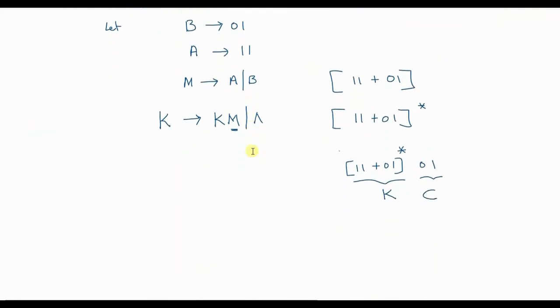So if I want some start symbol to represent the entire expression, this part dot this part, I will have to introduce another start symbol. Let S, the start symbol, give you K dot C.